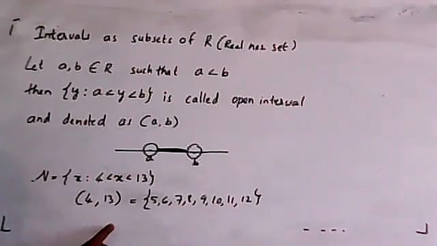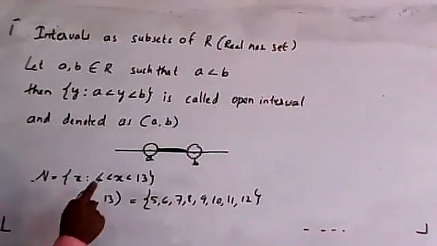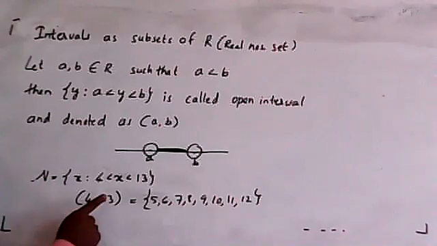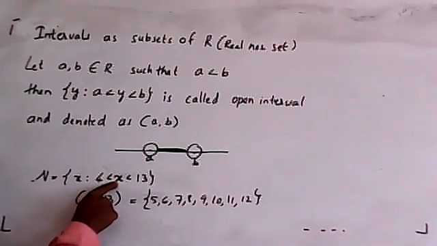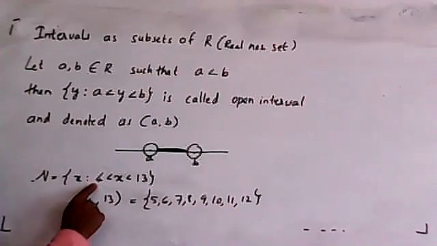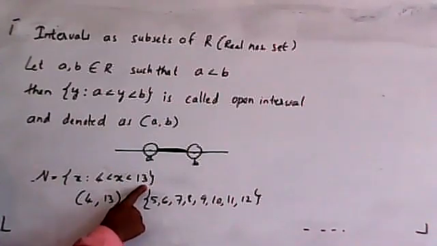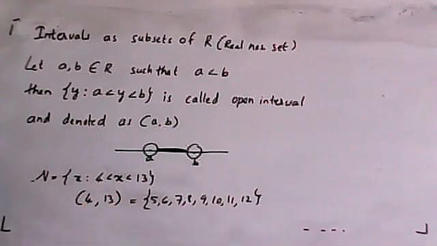Only those numbers which are between 4 and 13 I have taken, which belong to the natural number set, with the condition that x is greater than 4, or 4 is less than x, and x is less than 13. It means 4 and 13 are not included. So we can understand the same here, right?